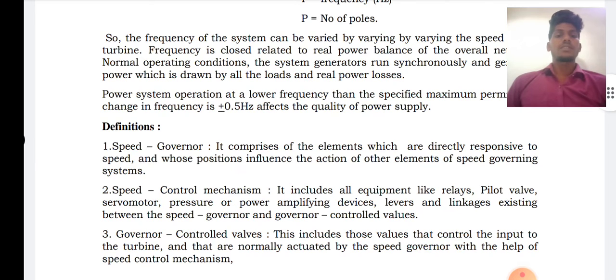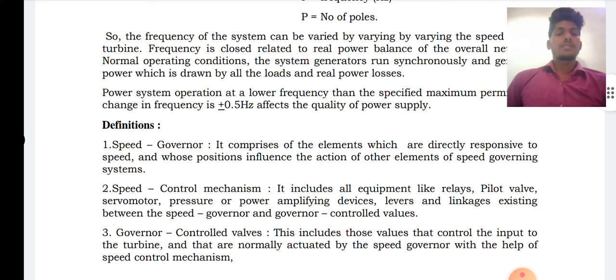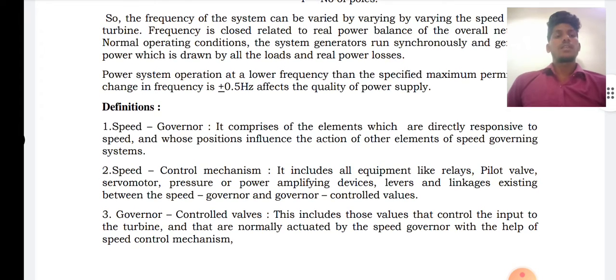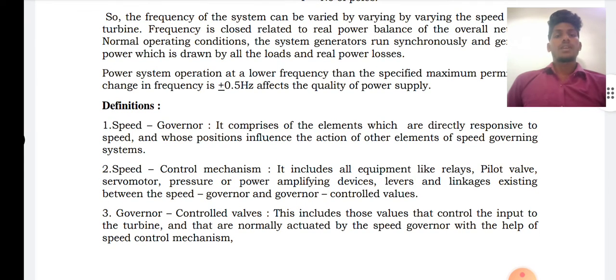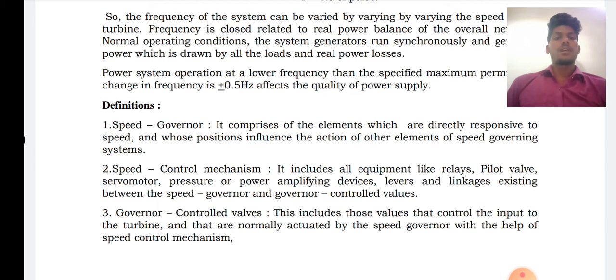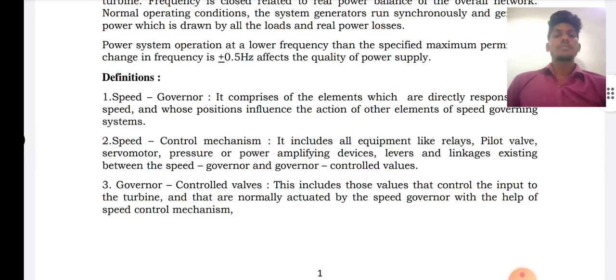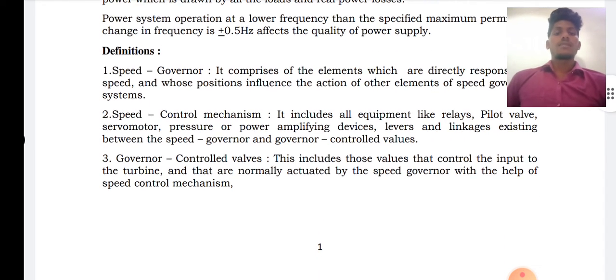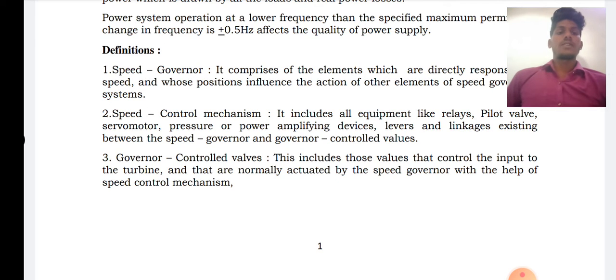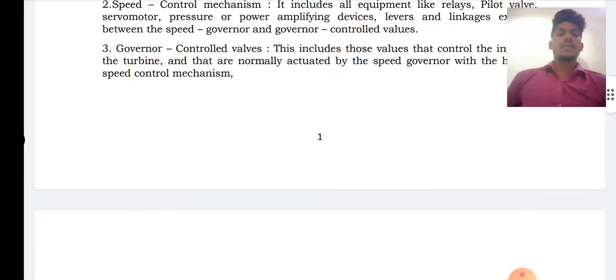Speed control mechanisms include all the equipment between the speed governor and the governor control valve, including the pilot valve, servomotor and power amplifying device. Governor control valves control the input to the turbine and are normally actuated by the speed governor with the help of the speed control mechanism.